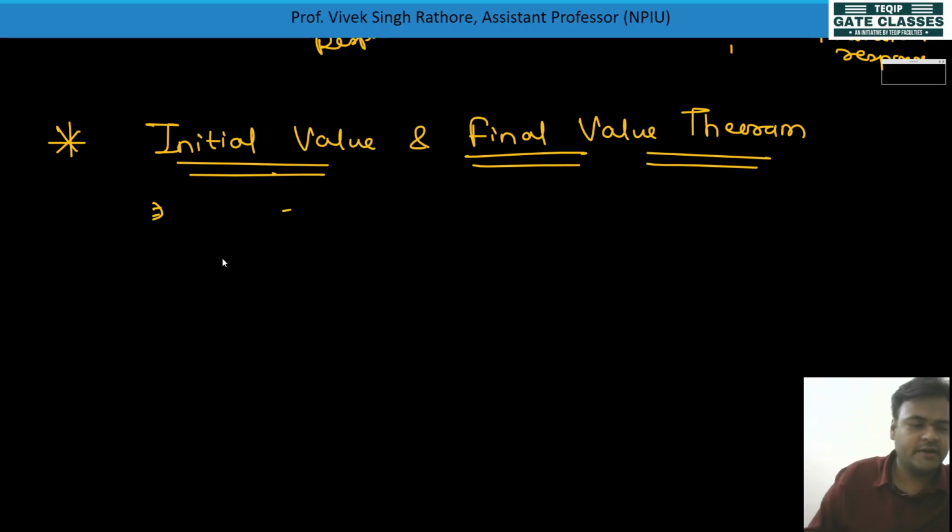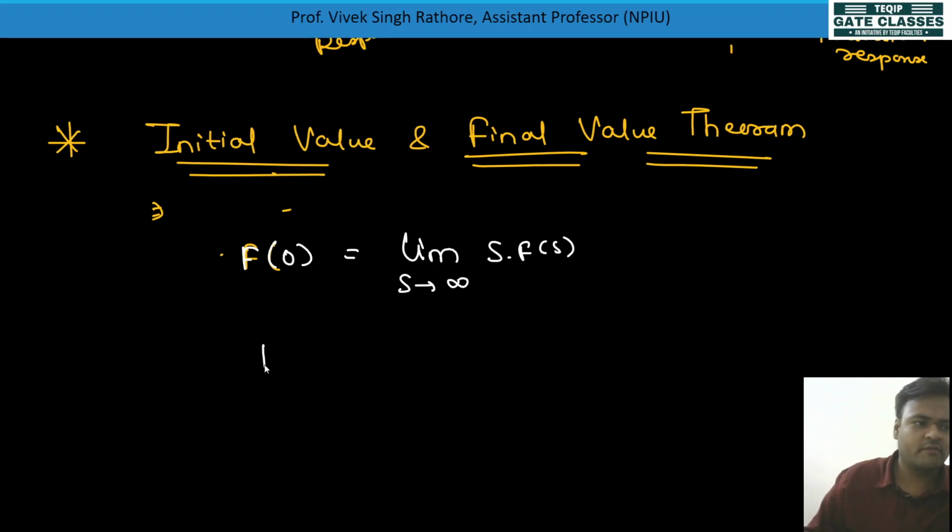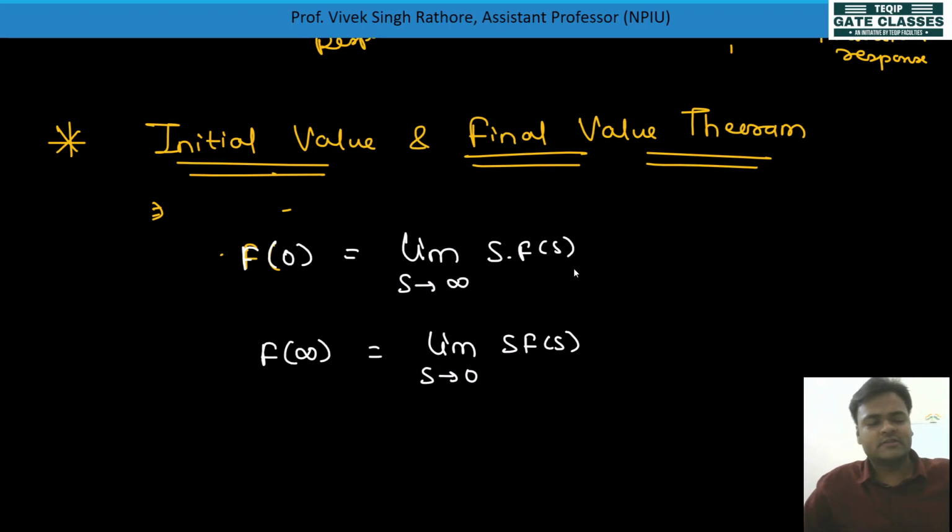In the Laplace transform, if we wanted the initial value, we used to do limit s tending to infinity of sF(s). And for the final value, we used to do limit s tending to 0 of sF(s).